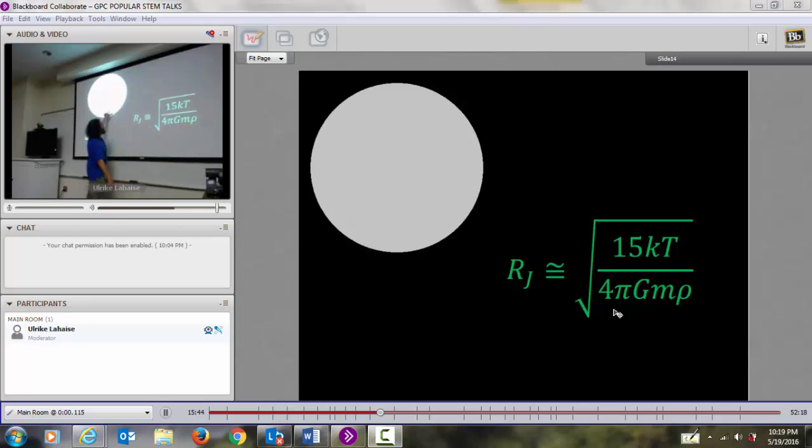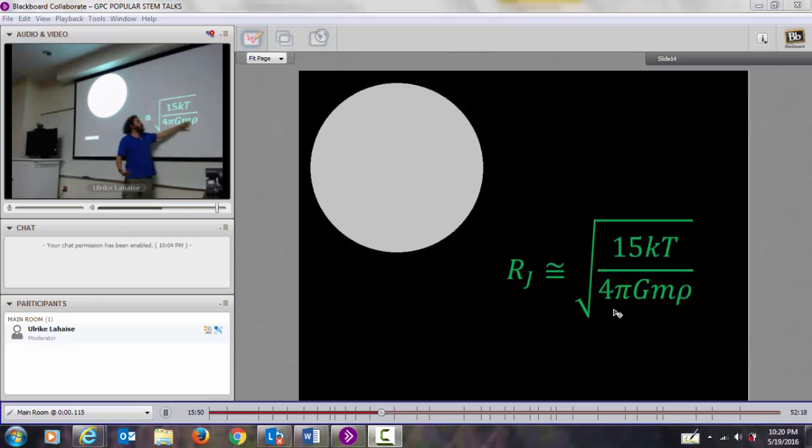The higher the density, the stronger gravity is, and the smaller the cloud has to be in order for gravity to be strong enough to collapse it, right? So the more dense it is, the smaller the cloud can be and still collapse. But the higher the temperature, the greater the gas pressure, so the larger the cloud has to be in order to collapse.